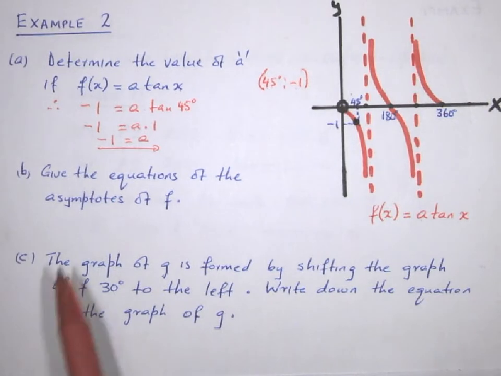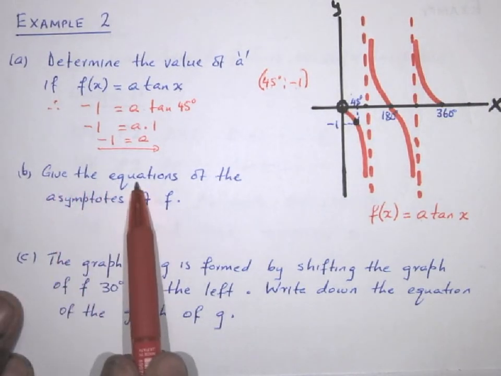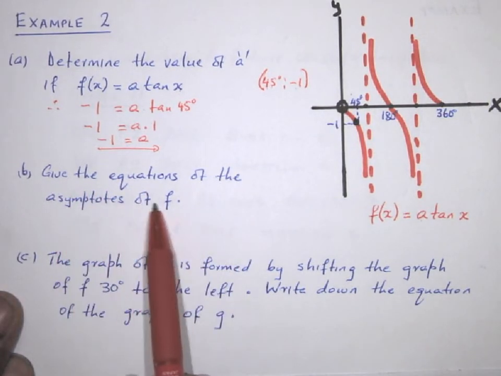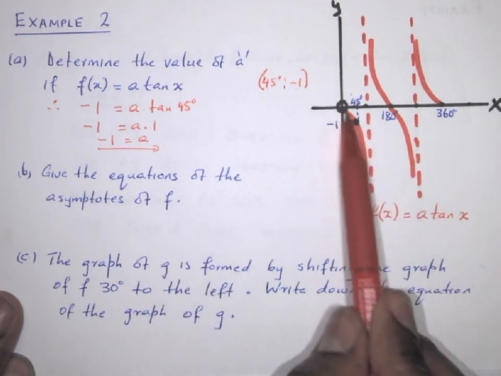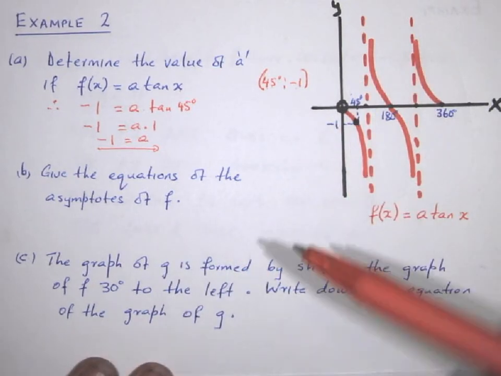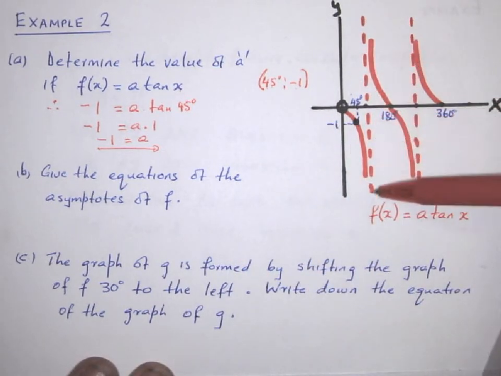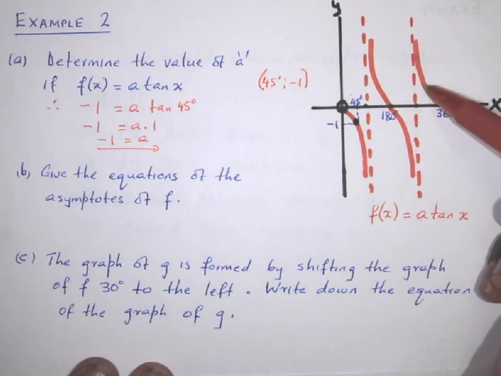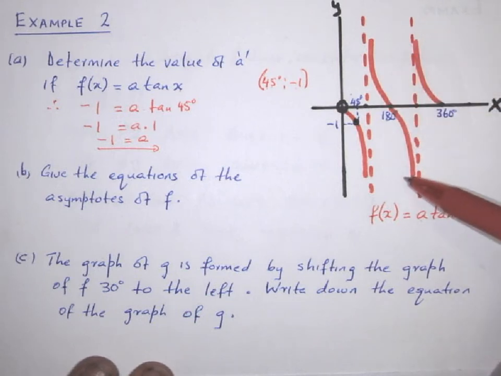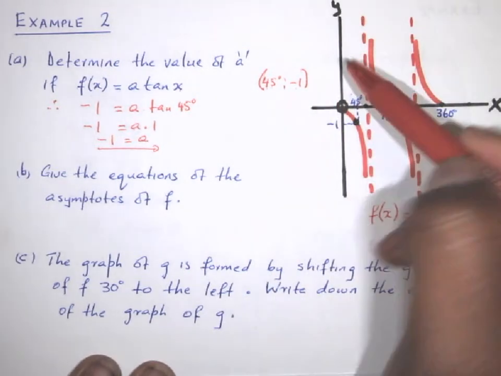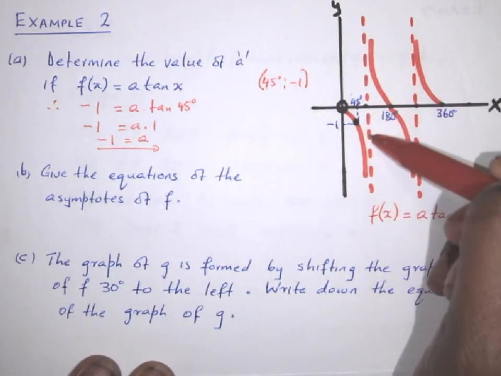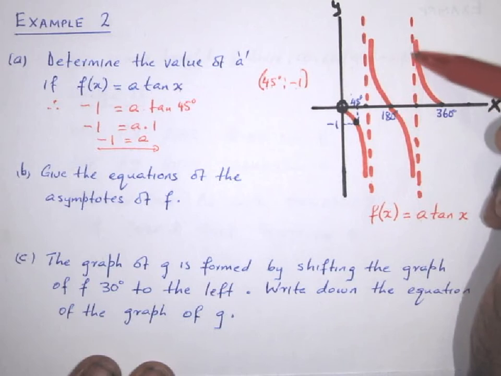Done. The next question says, give the equations of the asymptotes of f. This graph has asymptotes. These dotted lines are asymptotes of this graph. The graph doesn't touch the asymptotes. They want us to give the equation of this dotted line as well as that one.